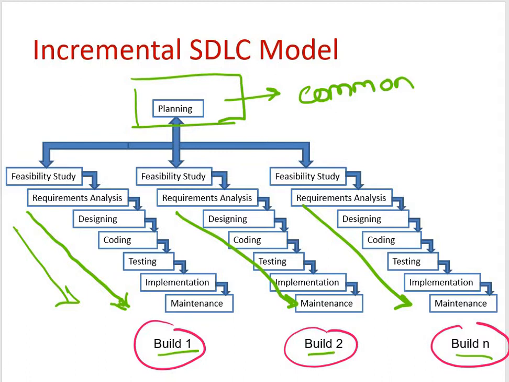Unlike the previous models, it goes through the same set of activities, which is feasibility study, requirements analysis, design, coding, testing, then implementation, maintenance, but it is done iteratively for each build. And these builds are nothing but phases as well.